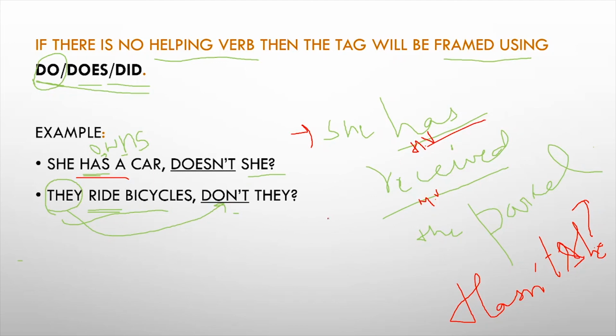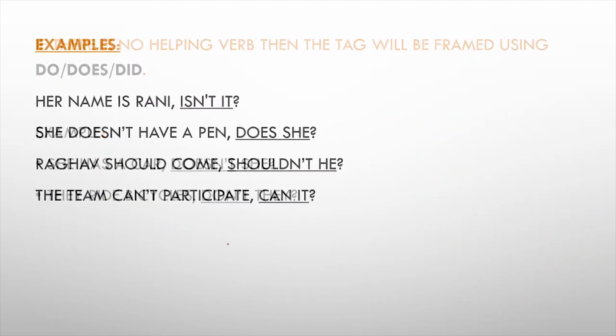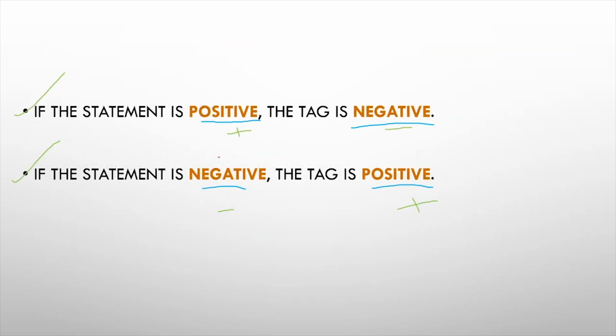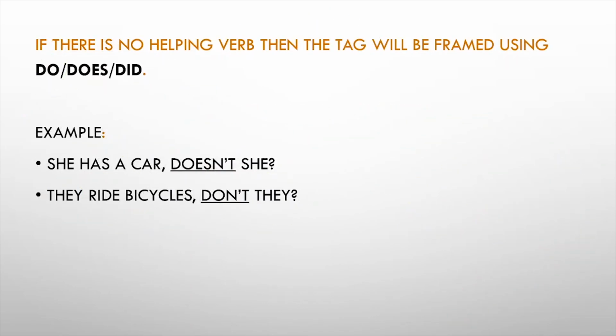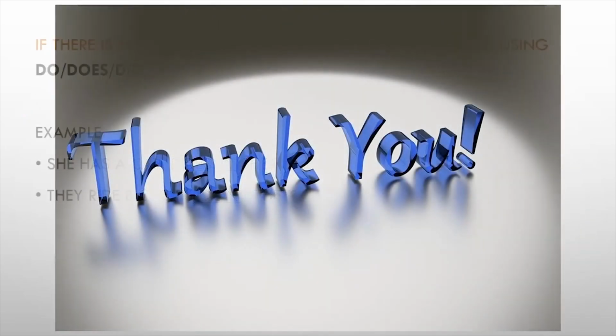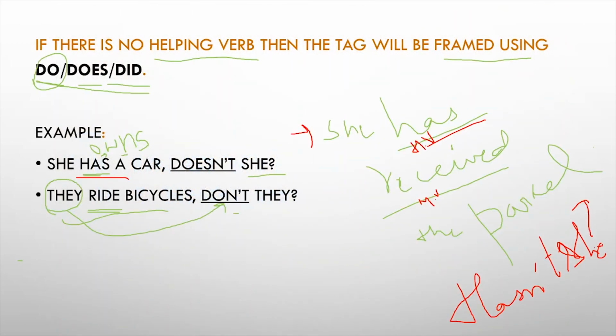So this is how you have to use tags in a question, a sentence, or a statement that you frame. Beware when you use them; they should not be used in an inappropriate way. And remember the basic concept: positive, negative, negative, positive. I believe this is understood by all of us, and there won't be any problems while using this. Any helping verb, if it's can, will become can't.